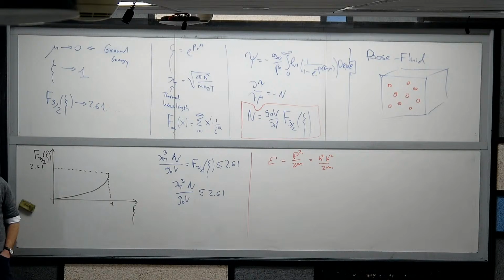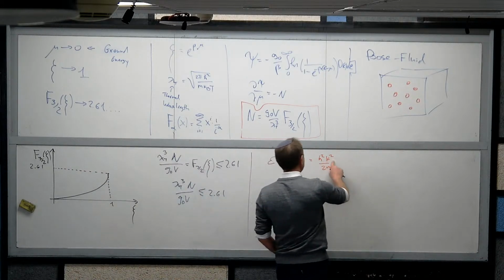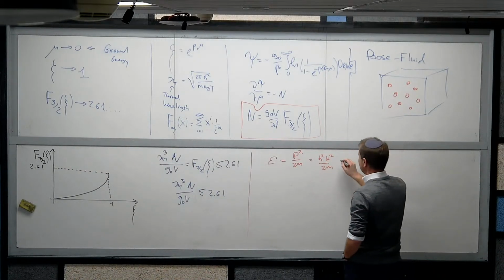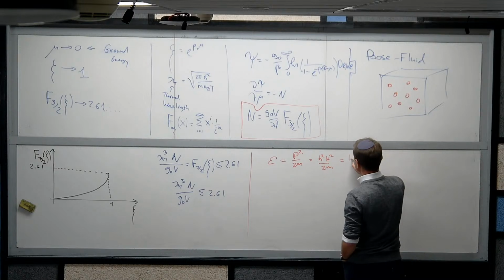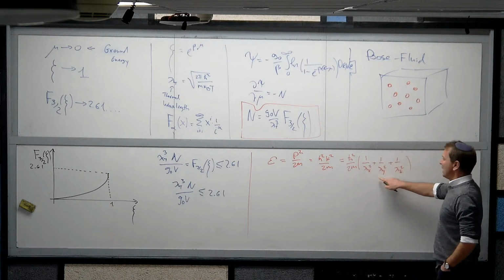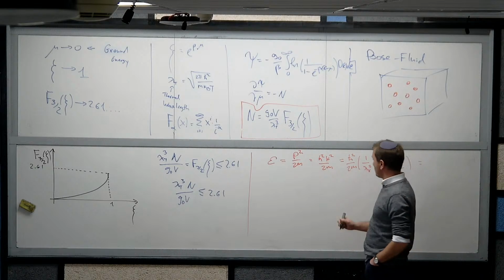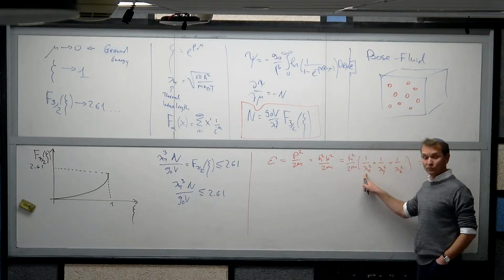And this means that this is a discrete spectrum, right? How so? Because this is h bar divided by 2m, and we have 1 over lambda_x squared plus 1 over lambda_y squared plus 1 over lambda_z squared. Where lambda_x, lambda_y and lambda_z are the wavelengths of the particle.